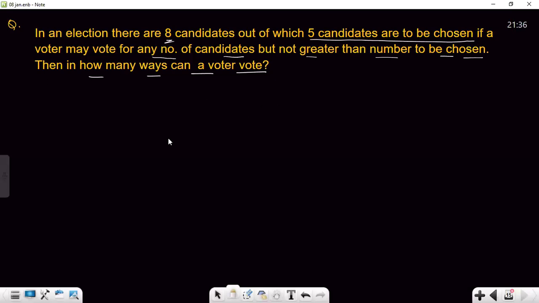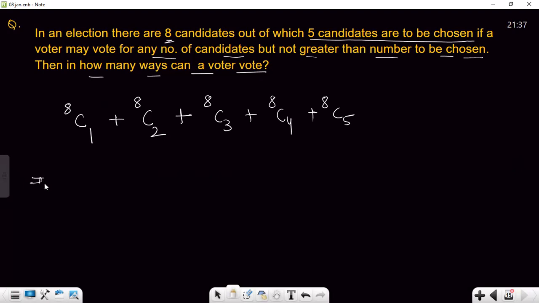It is a given condition. So out of 8, he may choose 1, or, and when I write or, it means there's an independent event. He may select 2, or he may select 3, or 4, or 5, but not greater than 5 because of the given condition.